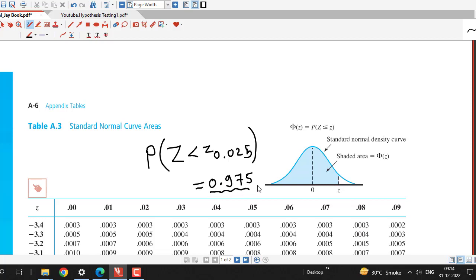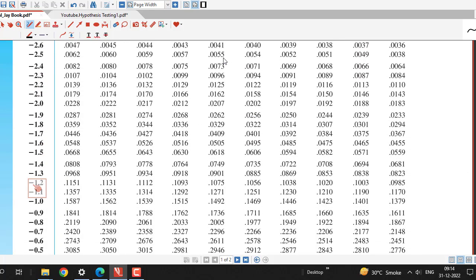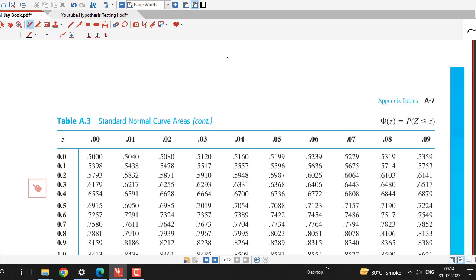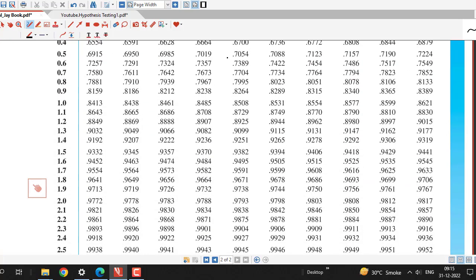So we will look for this value 0.975 in this table, and that will help us to decide this critical value of Z.